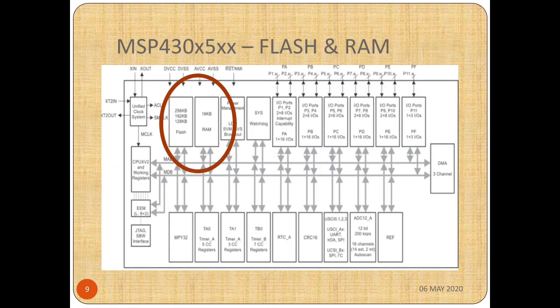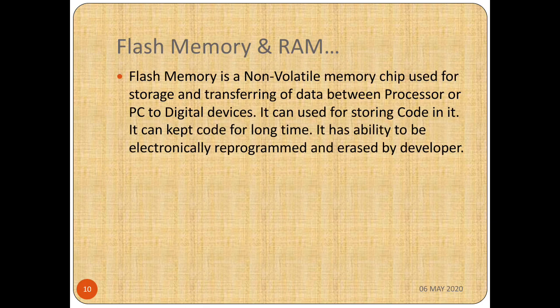The next block, coming to the memory devices, is flash memory and random access memory. The flash memory is non-volatile memory. Non-volatile memory means the data cannot be erased when power is turned off. That means it helps to keep data for a longer time, permanently. So this type of memory we use for the purpose of storing data and code.